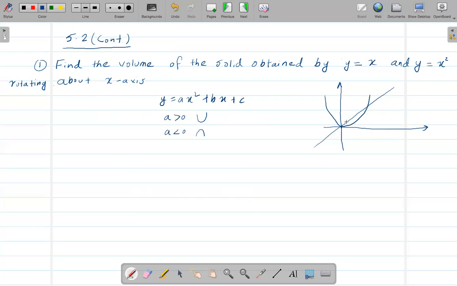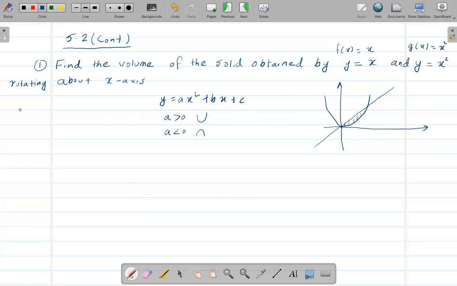Now we are trying to find the volume obtained by these two, so basically the volume of this region. We don't know this point, but we can find it. Since these are two different graphs, I can assume this one is f of x equals x, and this one is g of x equals x squared, right?